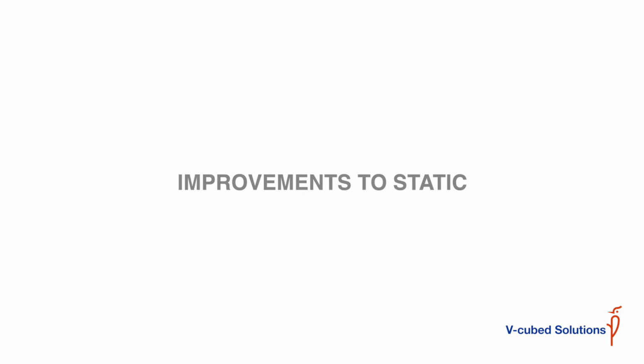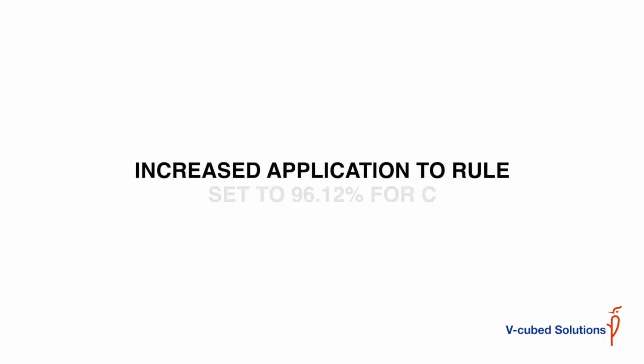Now I'm just going to cover the new improvements that we made in the coming year of static. In a case study for a particular automotive client that uses static, we increased the application of their rule set to 96.12% for C, and for C++ 95%. So it covers the vast majority of the rule set automatically.